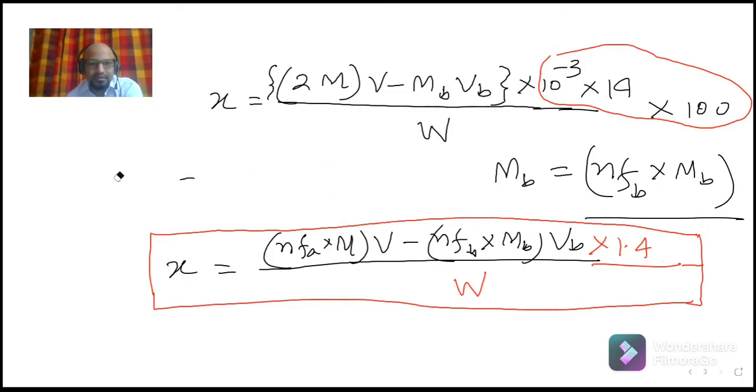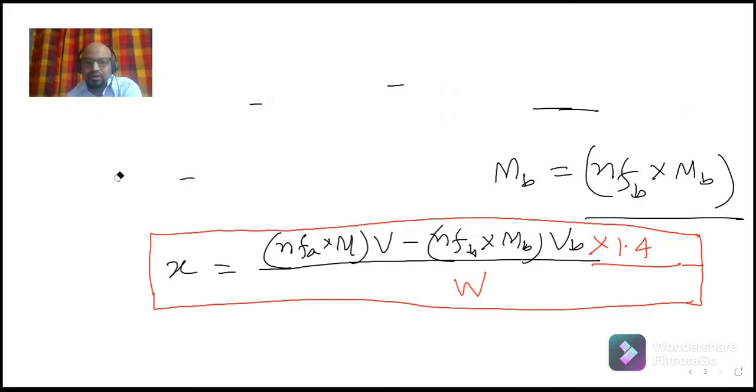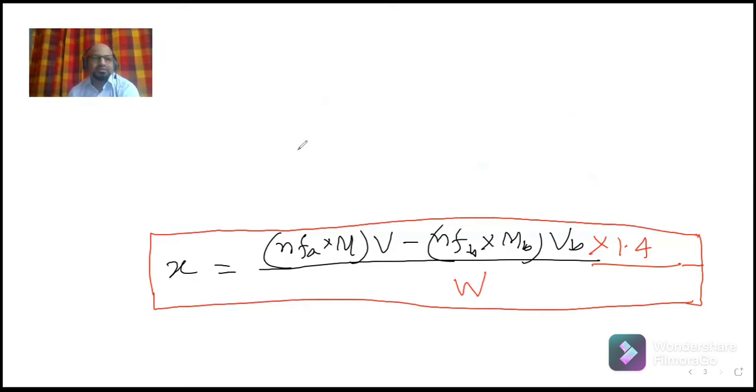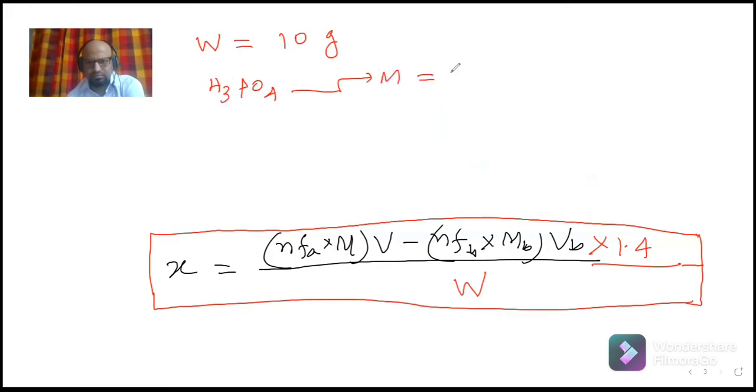Let me erase that. Suppose you are given a sample where the amount of sample given is 10 gram. And for neutralizing the ammonia produced from there, you need to use H3PO4, and the molarity of H3PO4 you are using is 0.02 and the volume you are using is 100 ml.